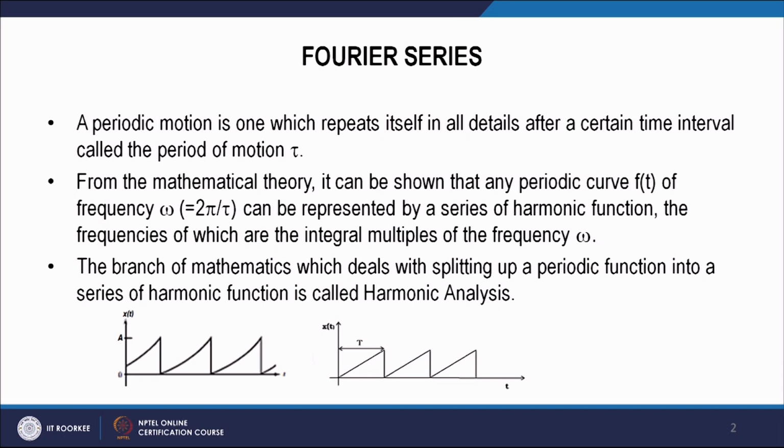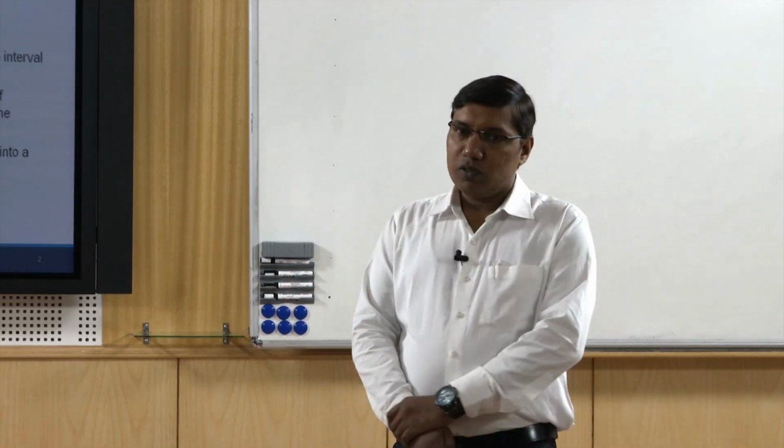So, here we can see there are periodic functions. They are not harmonic functions, but according to the Fourier series, we can express these functions in terms of harmonic functions. Harmonic functions means sine functions and cosine functions.